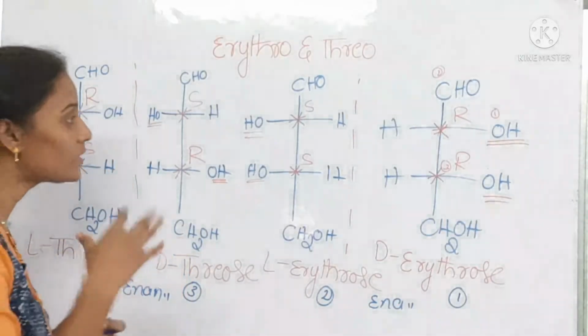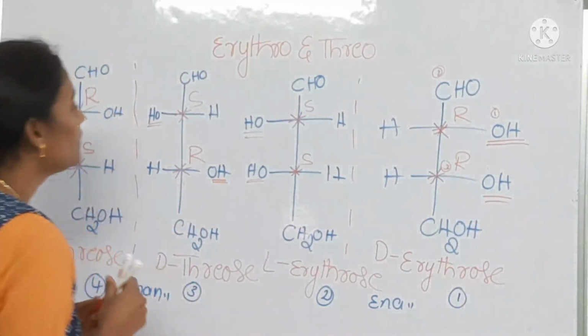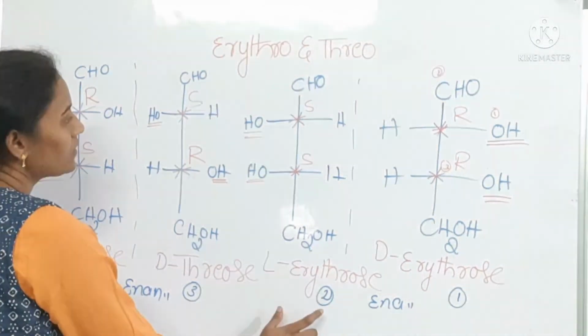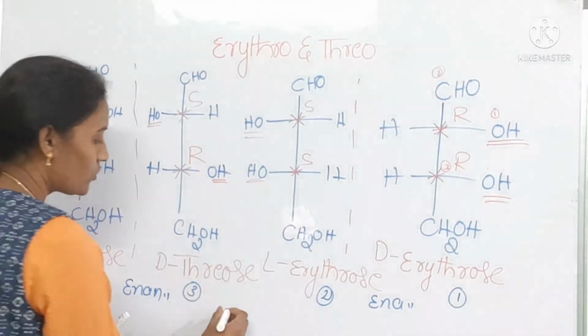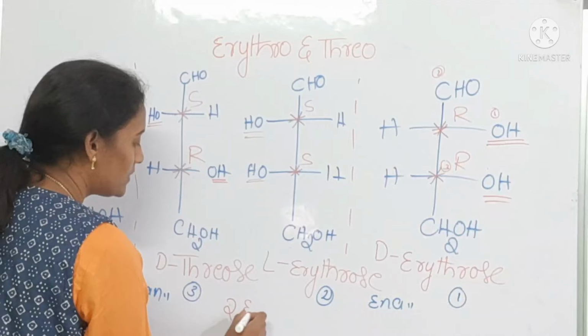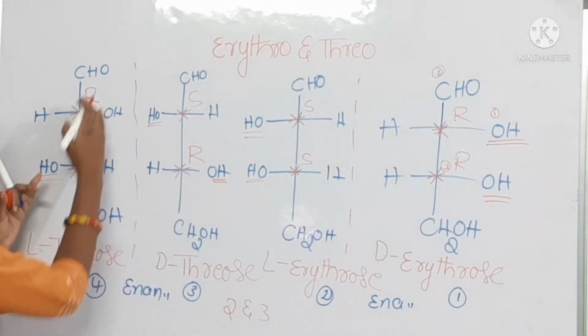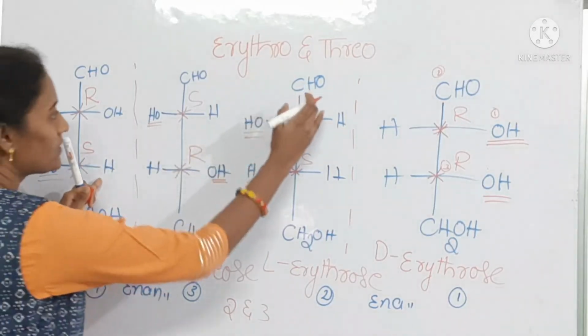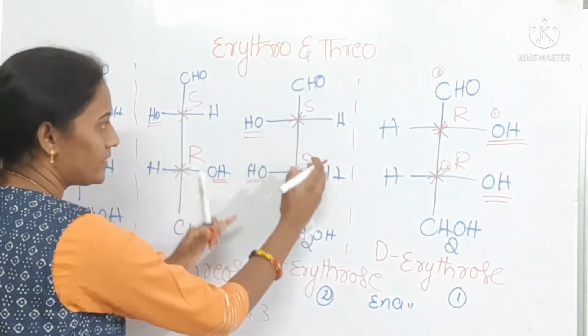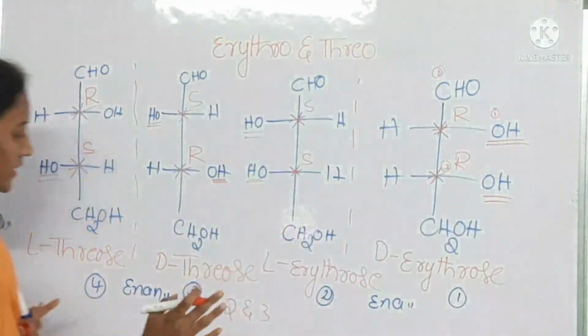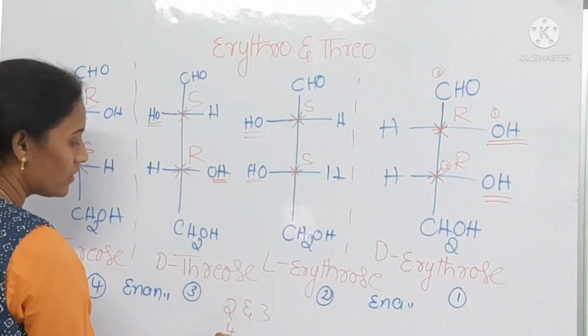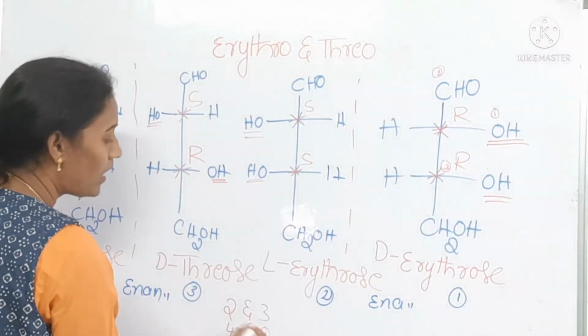Coming to which ones come under diastereomers? See, 2 and 3 are the diastereomers. 2 and 3, and 4 and 1, see, this is R and S, S, R, R.